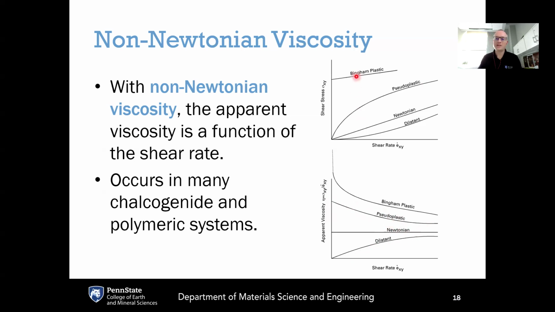Another example is a Bingham plastic. A Bingham plastic is a fluid that doesn't show any flow until the shear stress exceeds some critical threshold. So if the shear stress is below this yield threshold, no flow occurs. But once you're above that yield threshold, then the liquid or the fluid will flow.